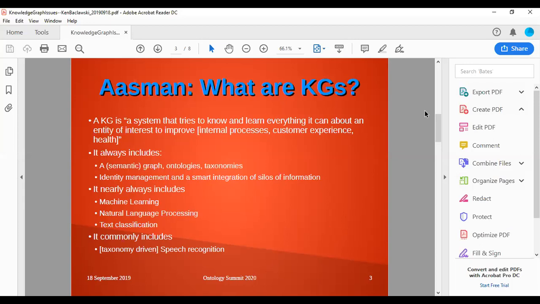And then he mentioned it commonly nowadays also includes speech recognition. You know, after hearing his presentation, this would describe the projects he's worked on more than a more general notion of knowledge graph, or you could say it's knowledge graph in the context of his company. Yeah, I suppose that's one way of interpreting it.